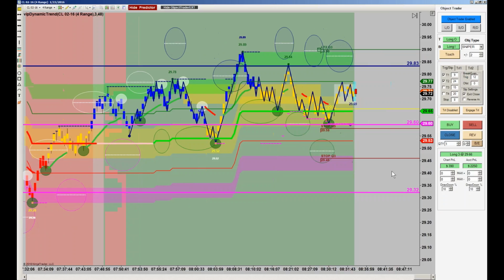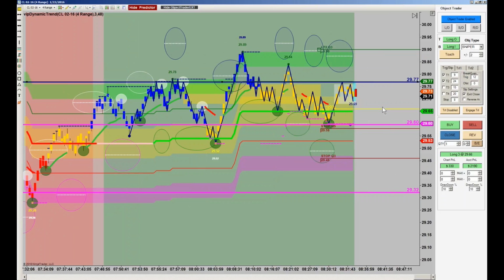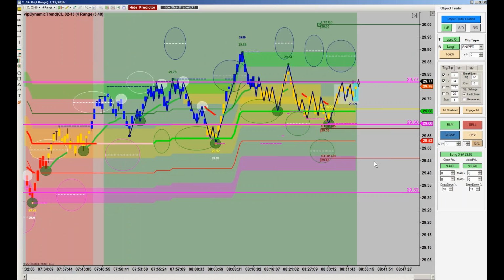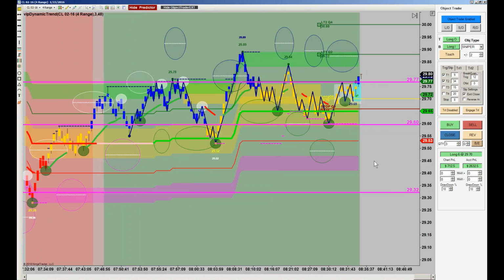You're already long 3, so I probably wouldn't do it. But couldn't you actually, with this Band-Aid, we did actually talk about this on Friday. Remember? Using sniper even if you wanted to. And going for a couple of contracts. See there? That's right out of that Band-Aid.